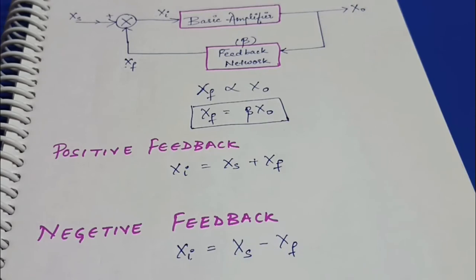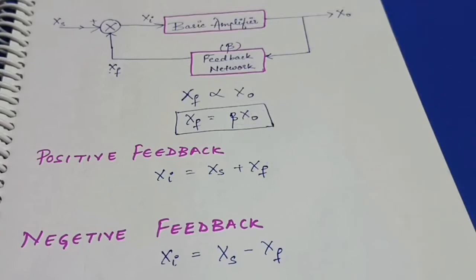So basically in negative feedback, the applied input and the feedback signals are out of phase. Guys, I would like to discuss one more important point: negative feedback is generally used in amplifiers. There are many reasons why negative feedback is used in amplifiers. First one is to make the gain stable.